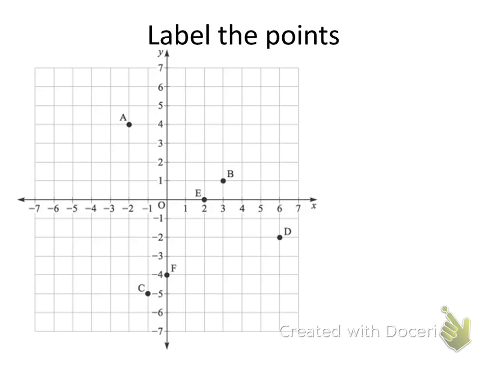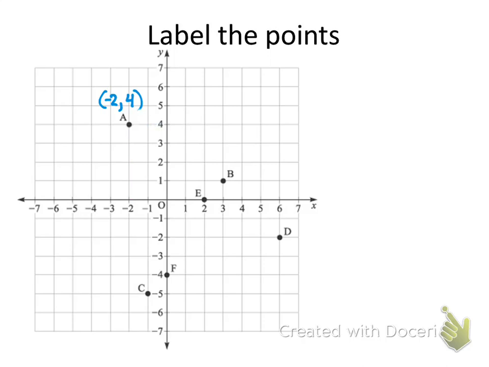So I'm going to go to my x-axis, which is always going to be the horizontal line. Where does that point A line up with on the x-axis? At -2. So I know my first point is going to be -2. Then where does this point line up with on the y-axis? 4. So I know my ordered pair will be -2, 4.